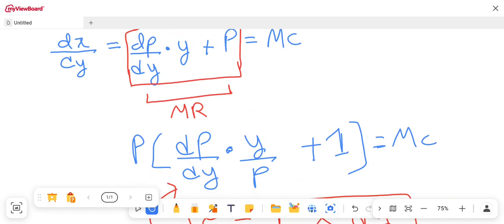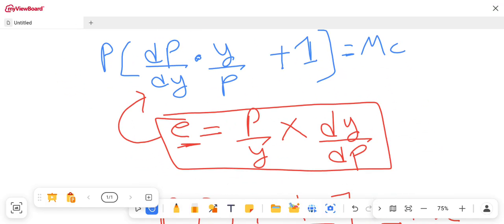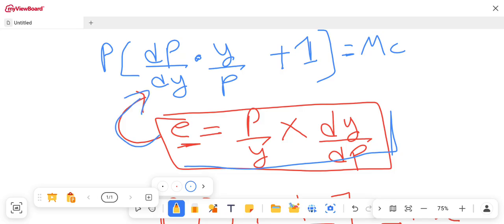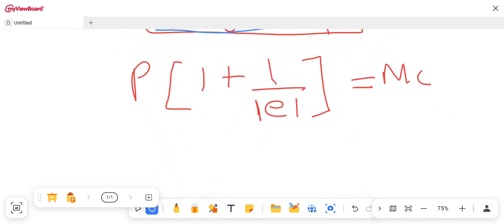So see the condition from here. The elasticity formula is this, and this was the reciprocal of this, so we can write it as 1 upon E because we denoted this as E. Now we got this.